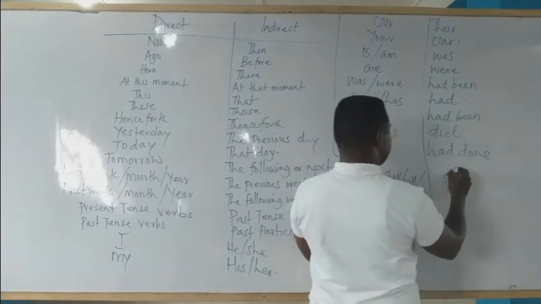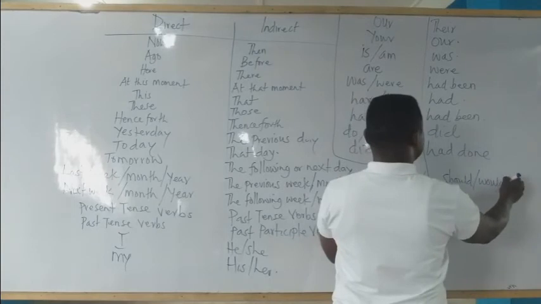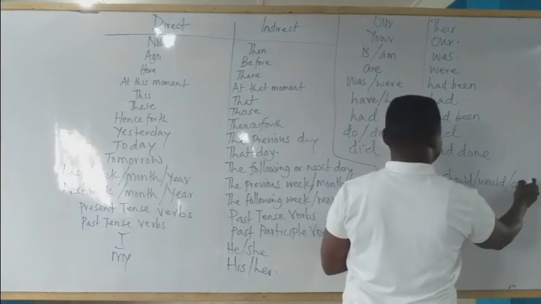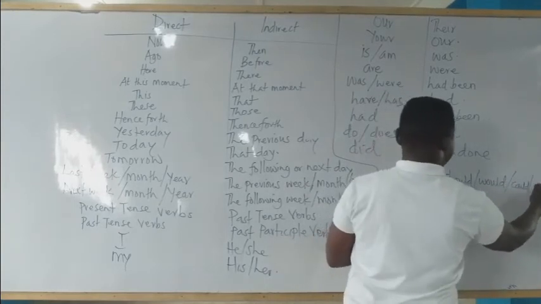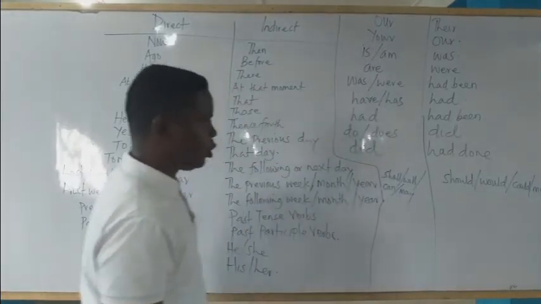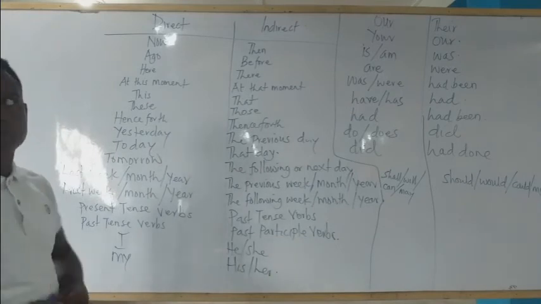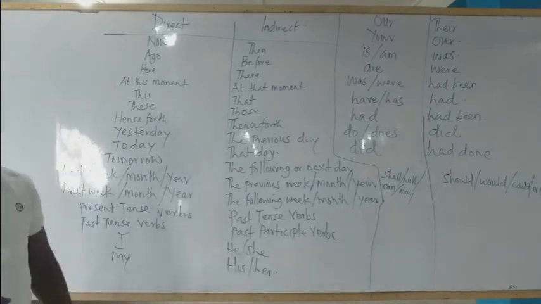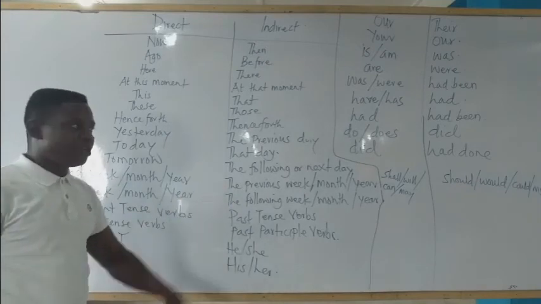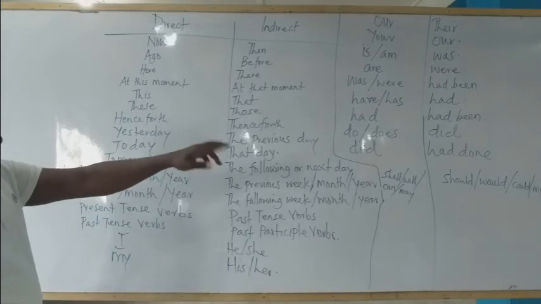So shall becomes what? Should. Will becomes what? Would. Can becomes what? Could. While may becomes what? Might. Yes. All these will change in our expression into indirect form.